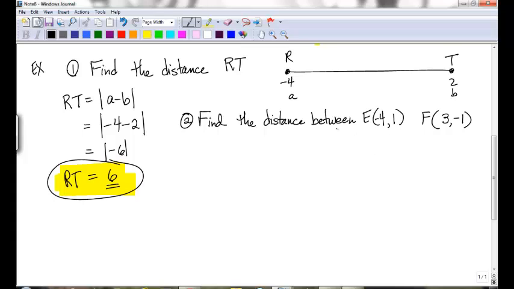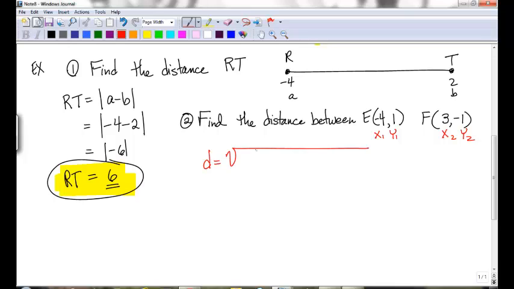I'm going to label this one x sub 1, y sub 1, and this one x sub 2, y sub 2. You could switch that around, like I could label this one x sub 2, y sub 2, and this one x sub 1, y sub 1. What you can't do is x sub 1, y sub 2. That doesn't work.